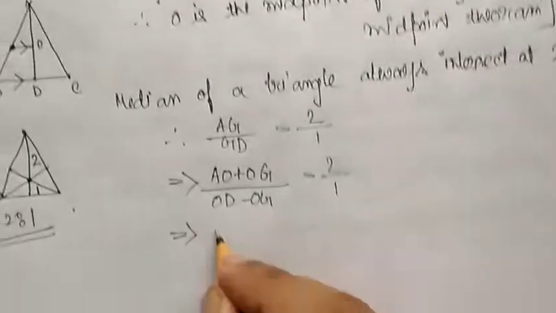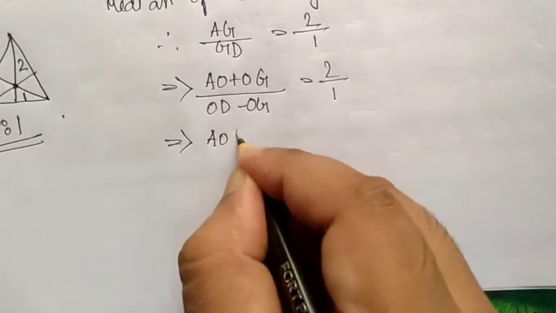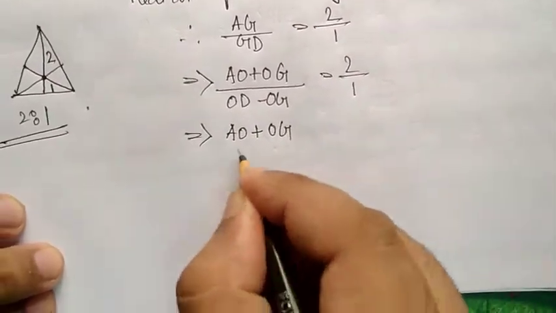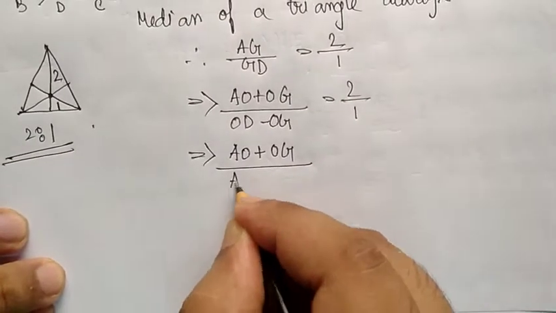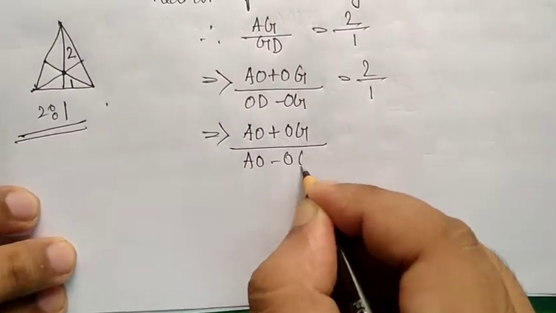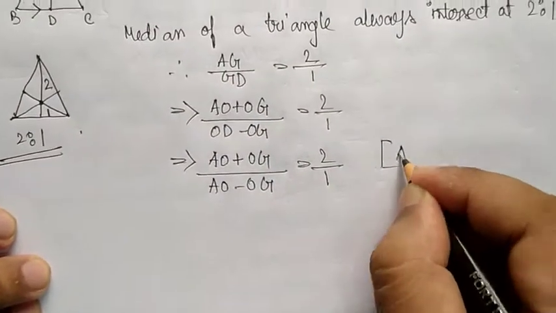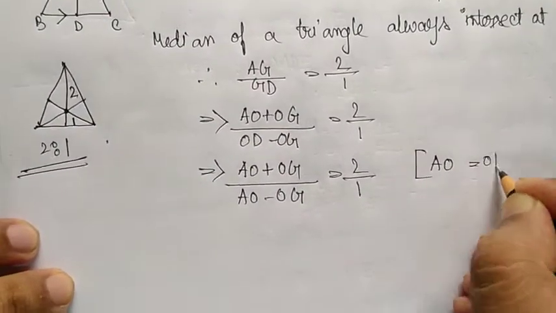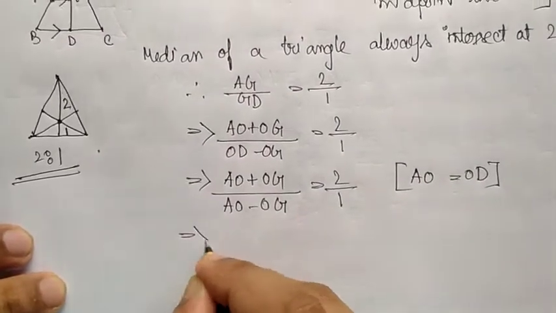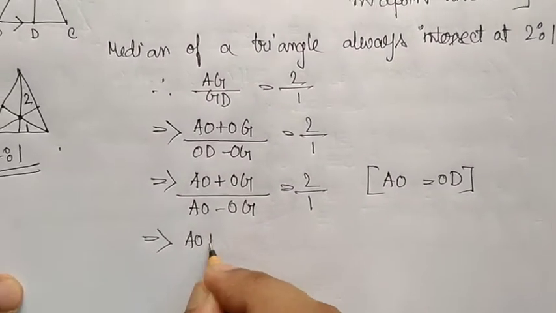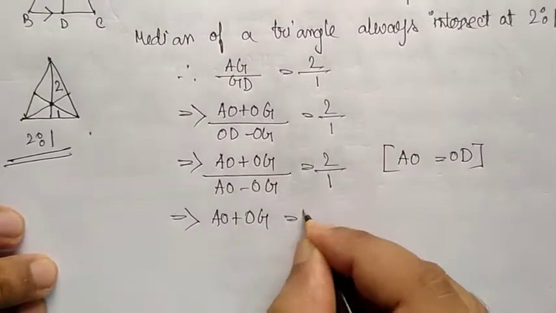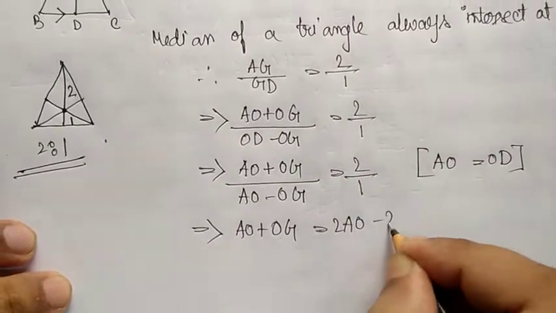So AO plus OG by AO minus OG equal to 2/1. Now cross multiplying, AO plus OG equal to 2AO minus 2OG.